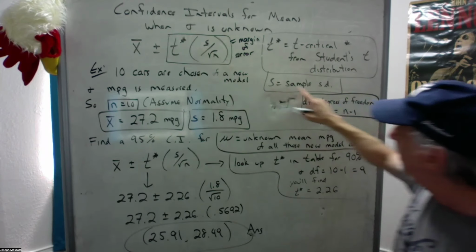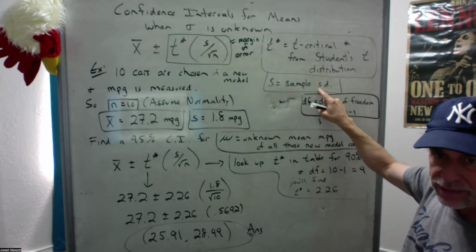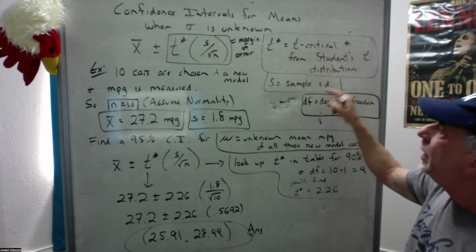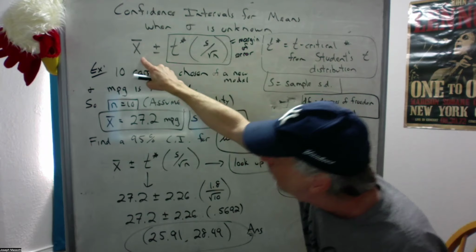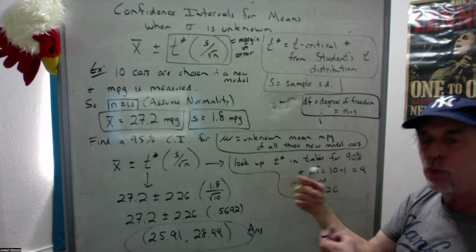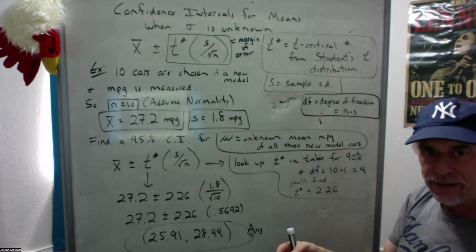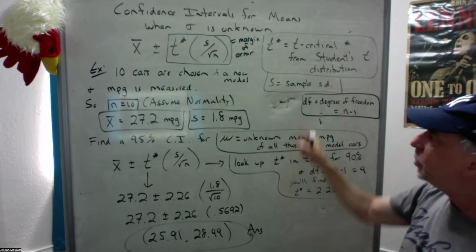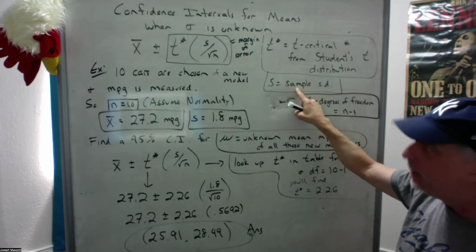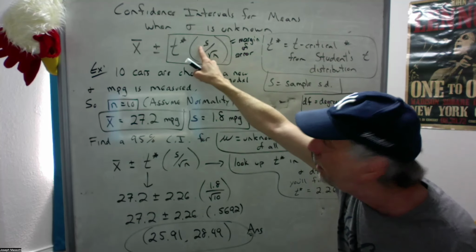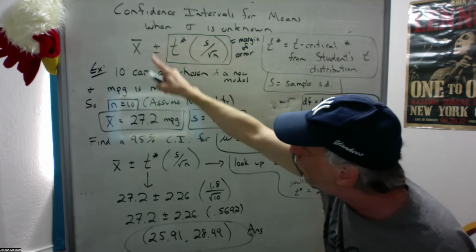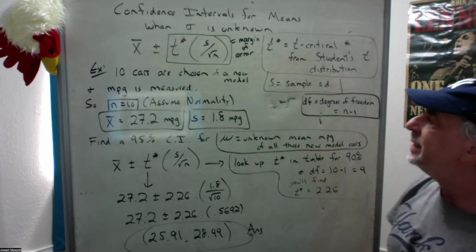So the s is the sample standard deviation, because that's all we have at this point, right? So we take a sample, we get a sample mean, and now we also get a sample standard deviation. On the other side of the board, we knew the population standard deviation. Here we don't, so we have to take the standard deviation of the sample that we're looking at, right? And that goes here where sigma was before, right? So very similar formula, but now we have to use these t critical values.